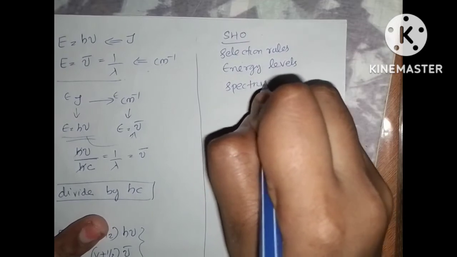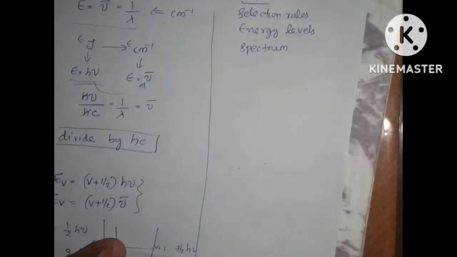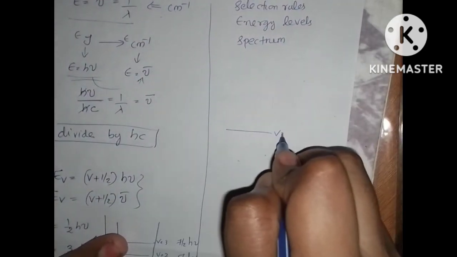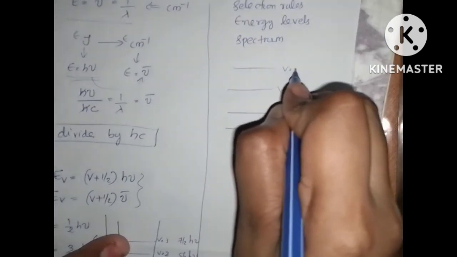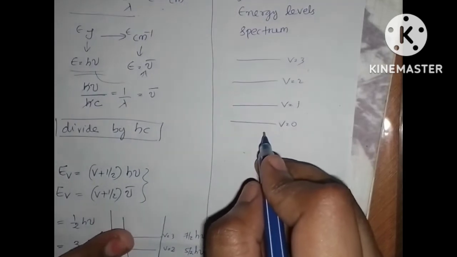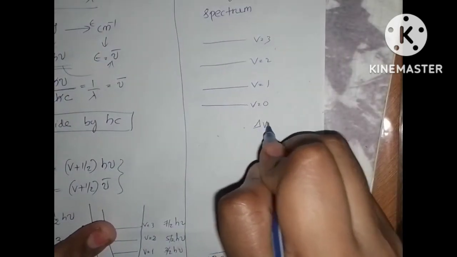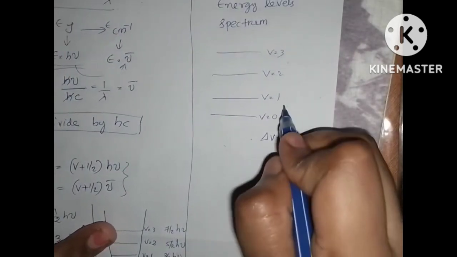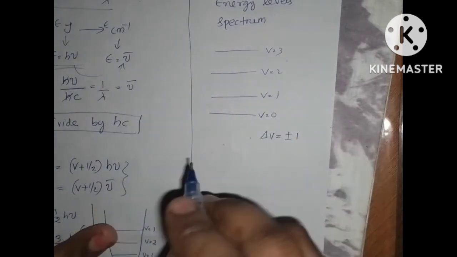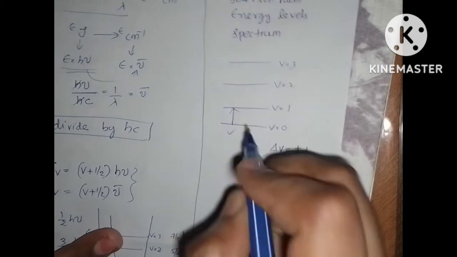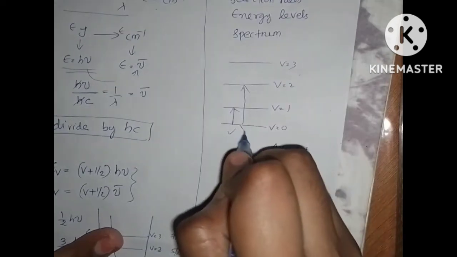For that we should look at the transitions. If this is v equal to 0, v equal to 1 and v equal to 2, the only possible transitions are with delta v equal to plus or minus 1. That means during a transition there should be a change of 1 unit. 0 to 1 is possible, but 0 to 2 is not possible.